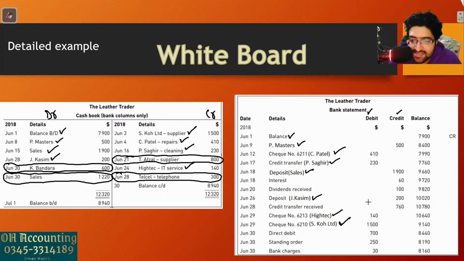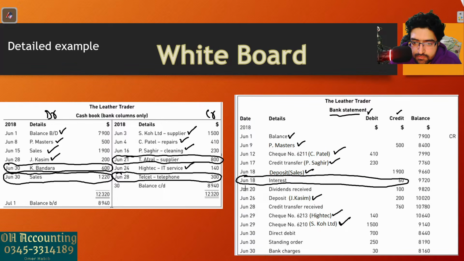Now as you can see, there are some things that are left unticked on the bank statement as well. So we will also circle those things. What are these things? Let's circle them first, then I will tell you. Then we have dividends.